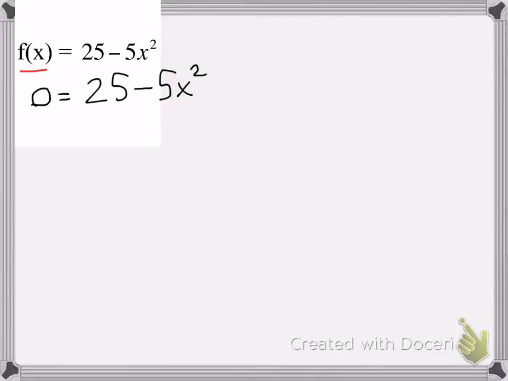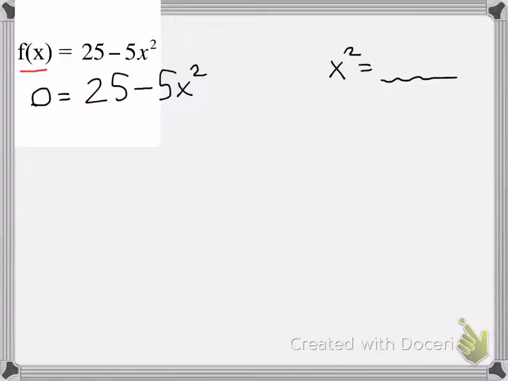And now again, my process is I want to get it so that eventually I have something like this. x squared equals something that I can take the square root of to figure out what x is. So let's get x by itself.